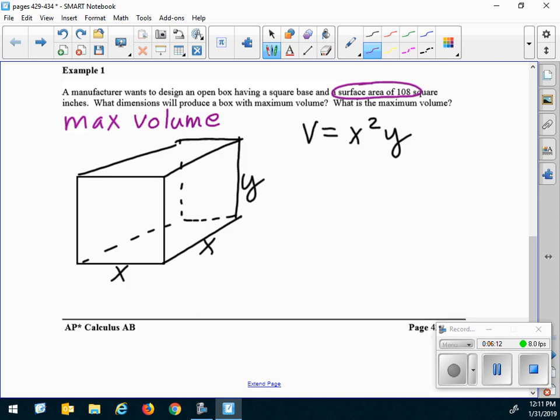So total will be 2x. No, not 2. I got an open box. So what's the surface area? x squared plus 4xy. And I know what that equals. It's 108. That's my secondary equation.